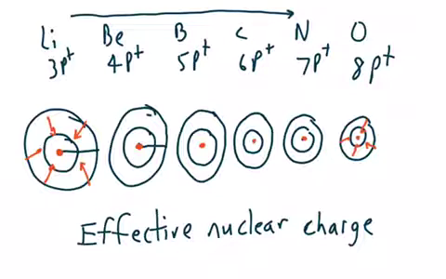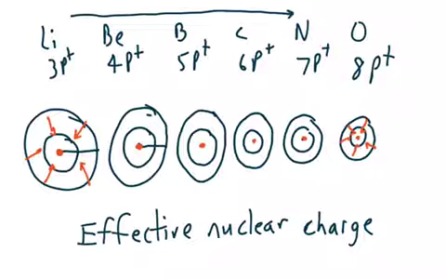So what I'm trying to say is this. The more protons that are in the nucleus, the more they pull the electrons inward. Now notice how I drew arrows pointing in. If those electrons are being pulled closer towards the middle, notice how that affects the size of the atom. And that's exactly what happens as you go from left to right.